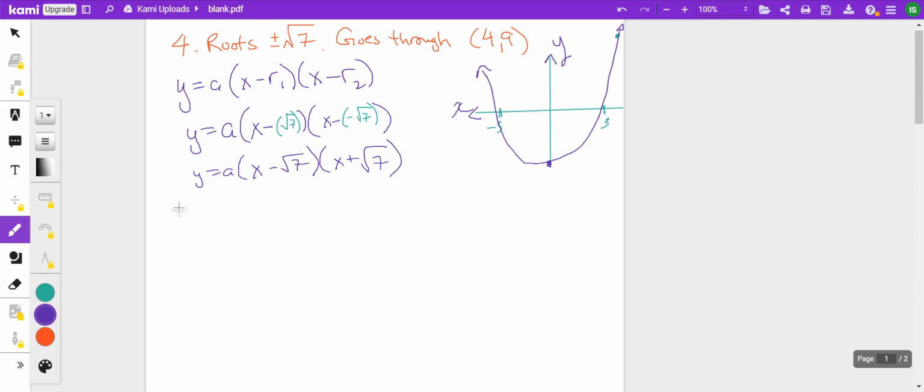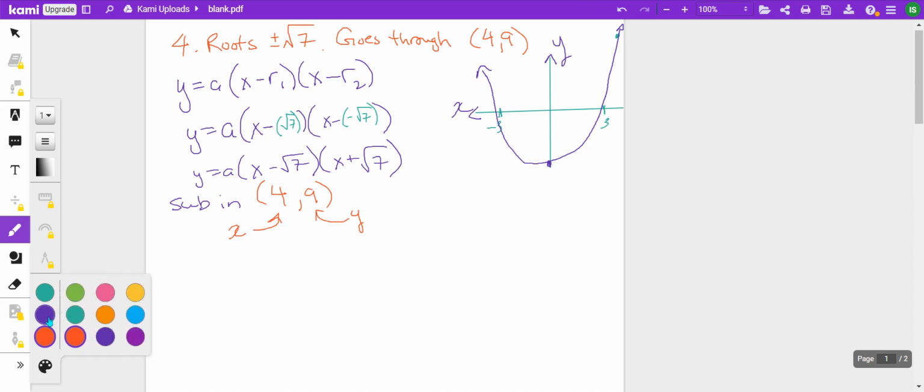Okay, next I will sub in the point. Sub in 4, comma 9. So 9 is a y value and 4 is an x value. So if the y is a 9, the x is a 4.